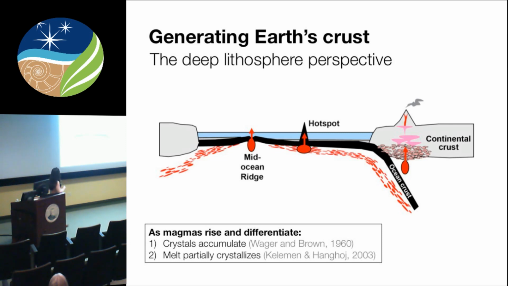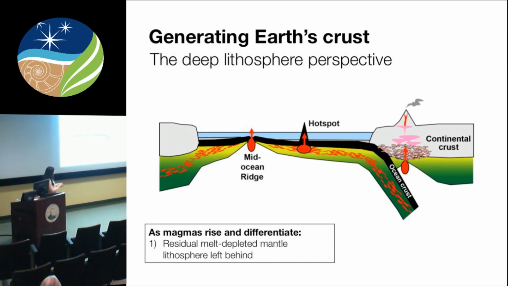So as magmas rise and differentiate, we know that crystals fractionate out of that magma and they accumulate. So these rocks are called cumulates, and I'm showing that here schematically. These cumulates are very important because they form a large reservoir of mafic and ultramafic rocks in the deep crustal lithosphere, and we don't, unfortunately, know a lot about how their evolution plays into the role of crust formation.